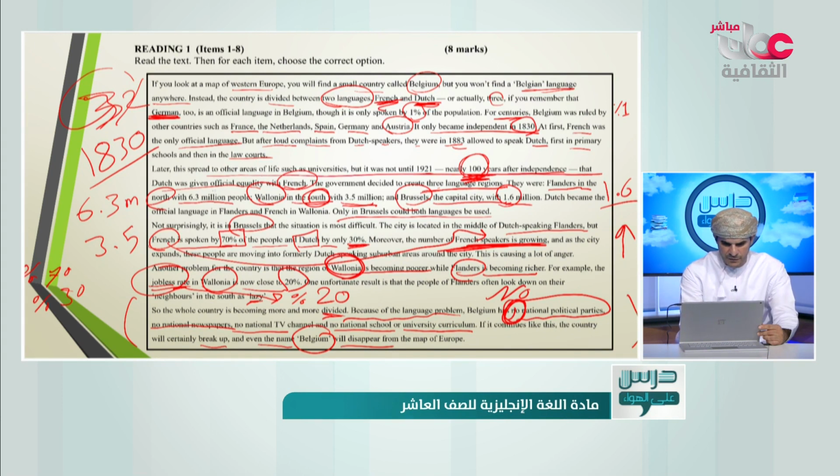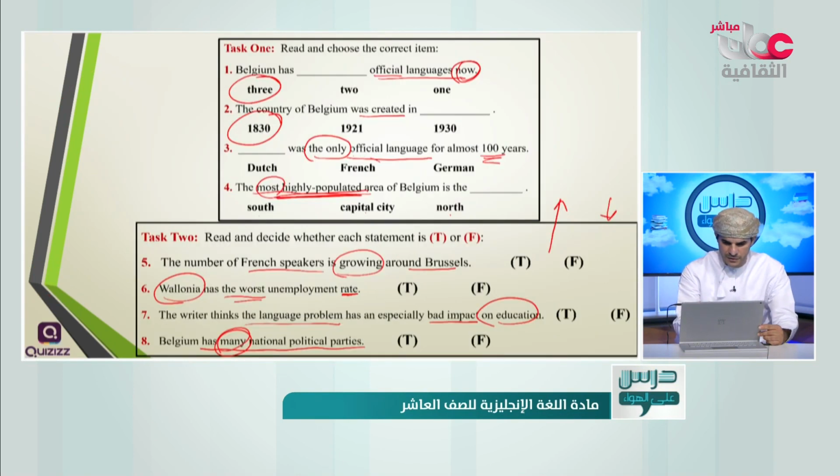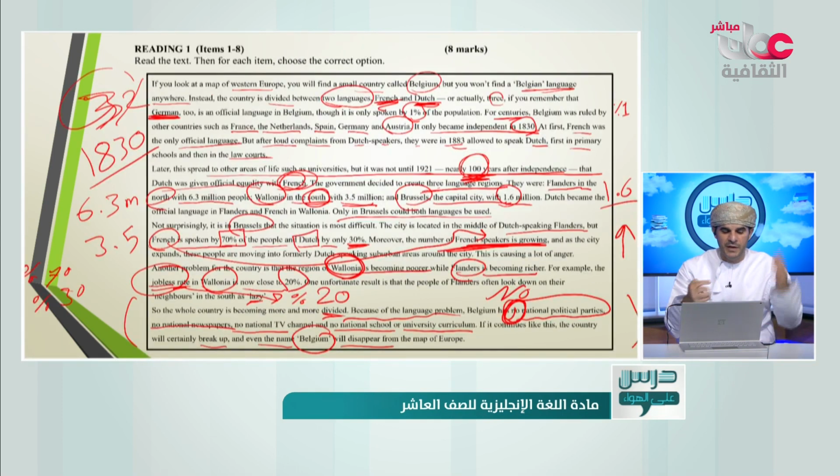Then Dutch was given official equality with French. So French. The most highly populated area of Belgium is Flanders in the north with 6.3.